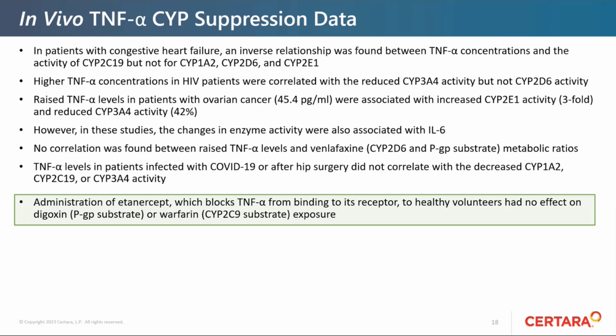And in this study, administering etanercept to healthy volunteers had no effect on warfarin exposure. However, the caveat of this study is that healthy volunteers would be expected to have low circulating TNF-alpha levels to begin with. So therefore, any potential suppression prior to etanercept in these subjects probably would be minimal.